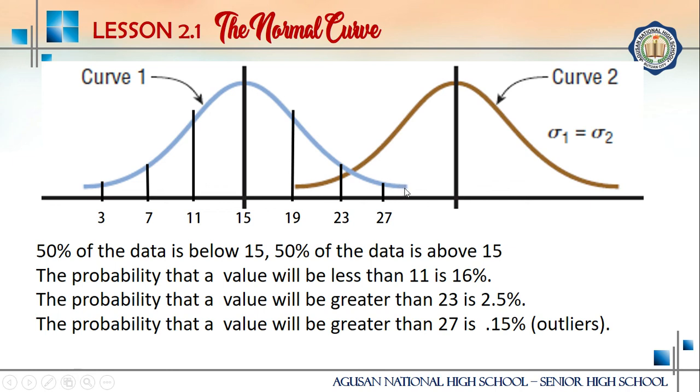Divided by 2, because this is divided into 2, the part here is 0.15% and another 0.15% here. So therefore, the probability is 0.15%. And this area here is used for the outliers.